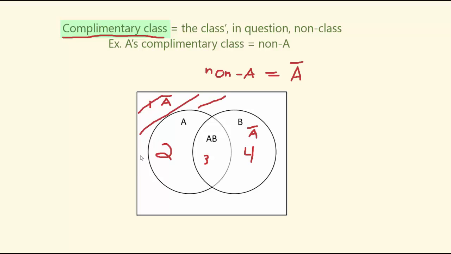So I would shade out area 1, like so. And this now visually represents that all non-A's are B's, because the only non-A's that are left over are in 4, and 4 is entirely within the category of B.